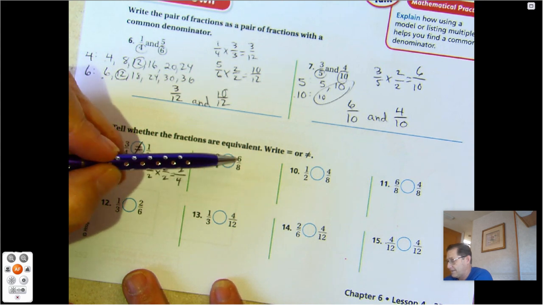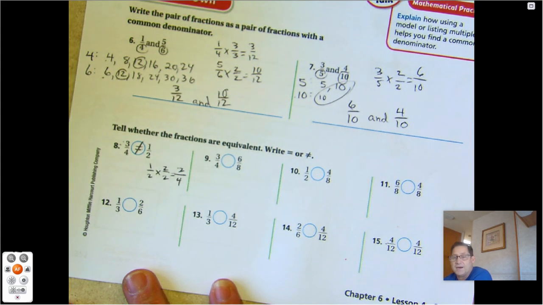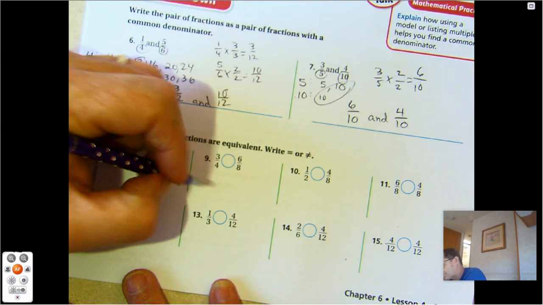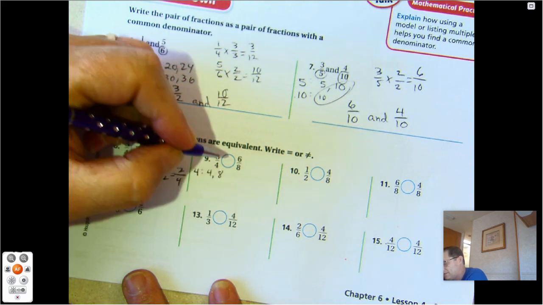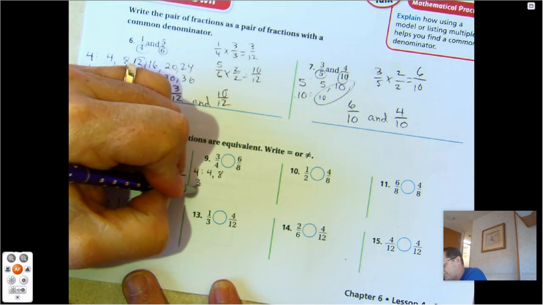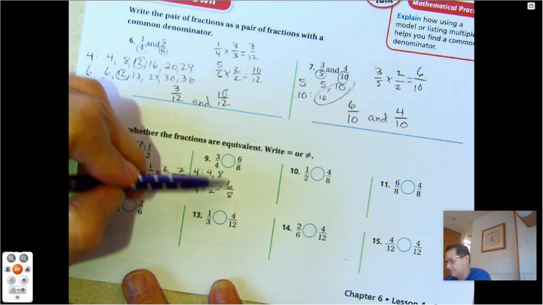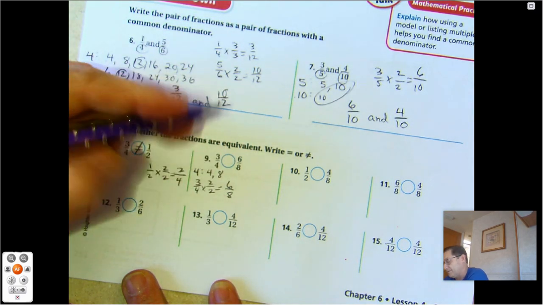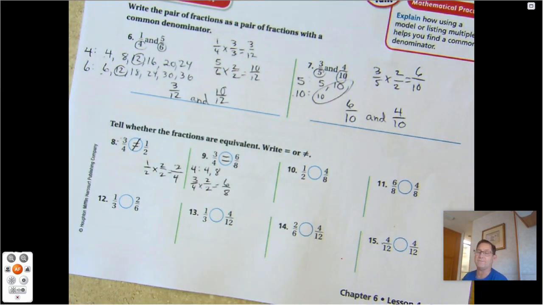Okay, so 3/4 and 6/8. What can I multiply 3/4 by to get eighths? So if I was finding a common denominator, I'd go 4, 8. Oh, well, that matches the other 8, right? So 3/4 times 2 over 2 is 6/8. 6/8 is 6/8. Equal. 1/2, 4/8.